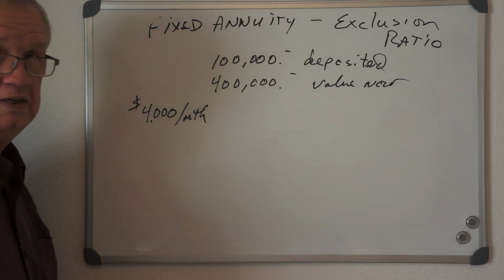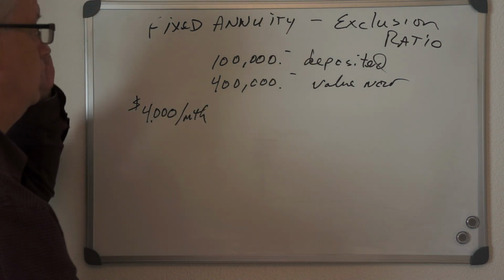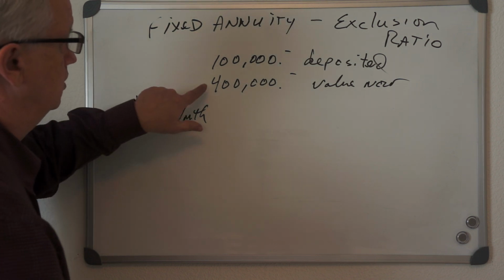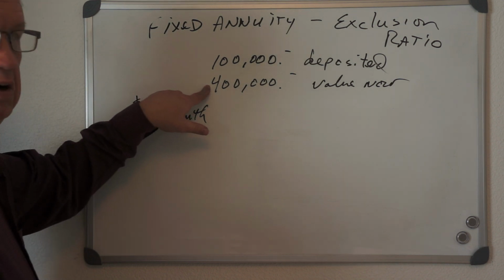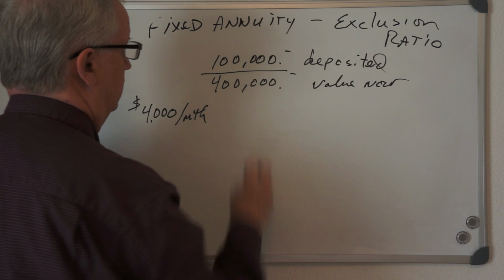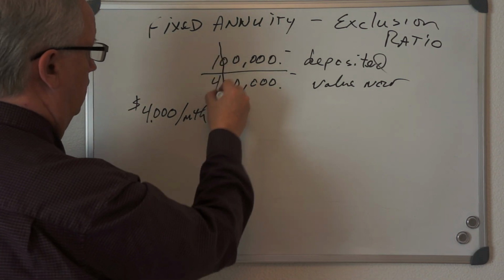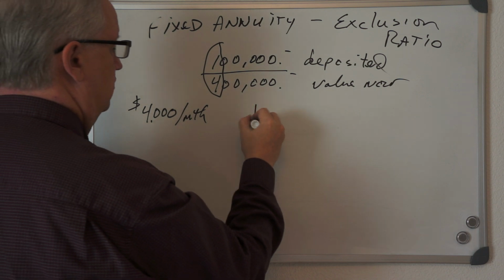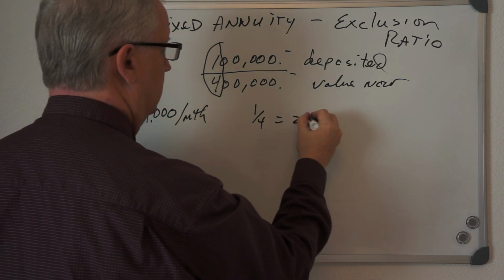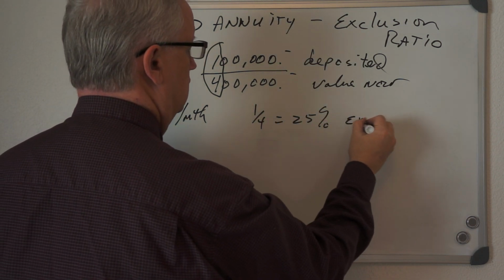Great. How much is taxable? I'm going, okay, you put in 100. It grew to 400,000 now. There's the formula. 1/4. 1/4 equals 25% exclusion.